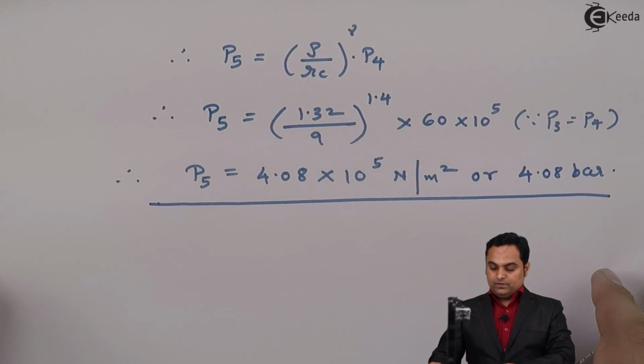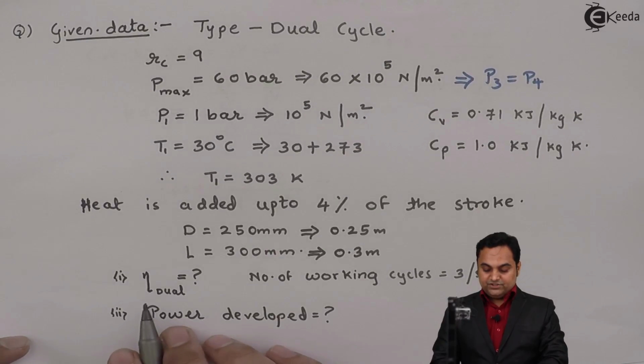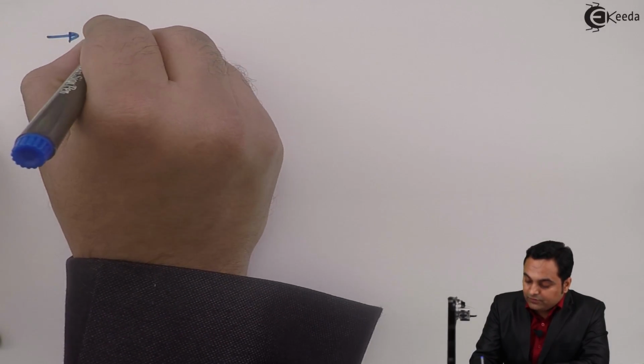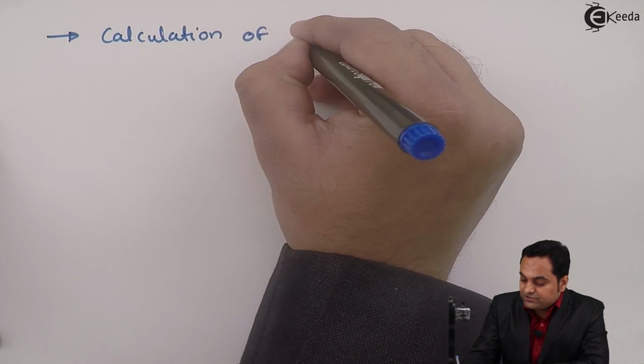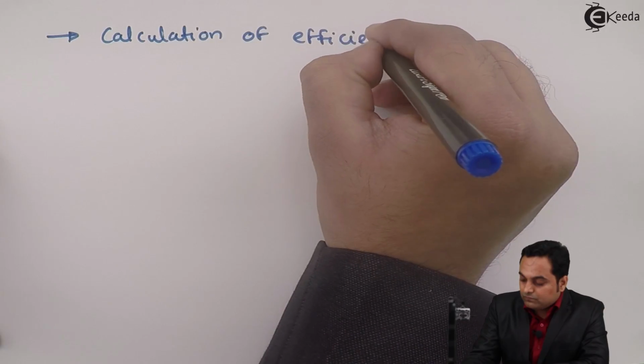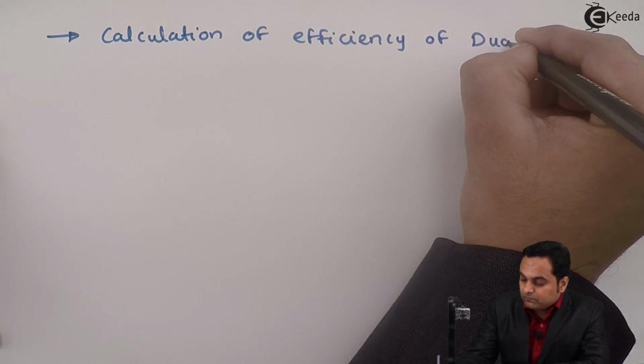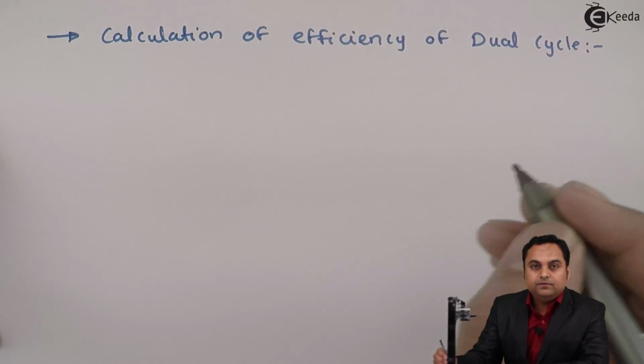Now, if we look into the question, the first thing which they are asking is to calculate the efficiency of dual cycle. Now, in that, the first question, I'll write down calculation of efficiency of dual cycle.